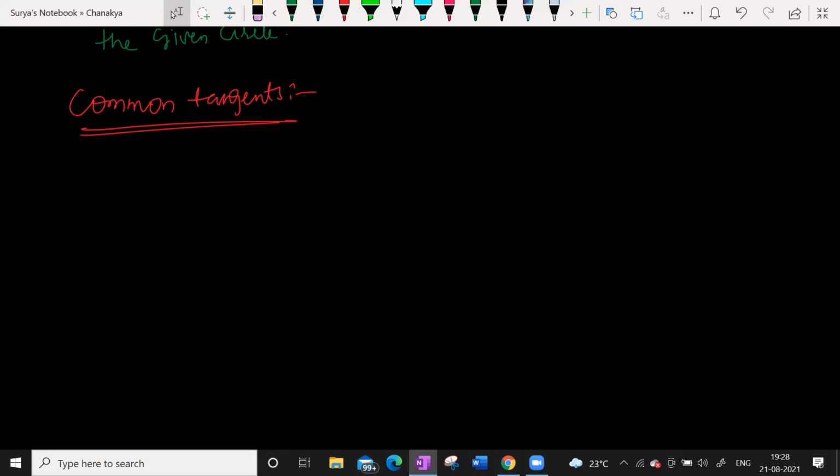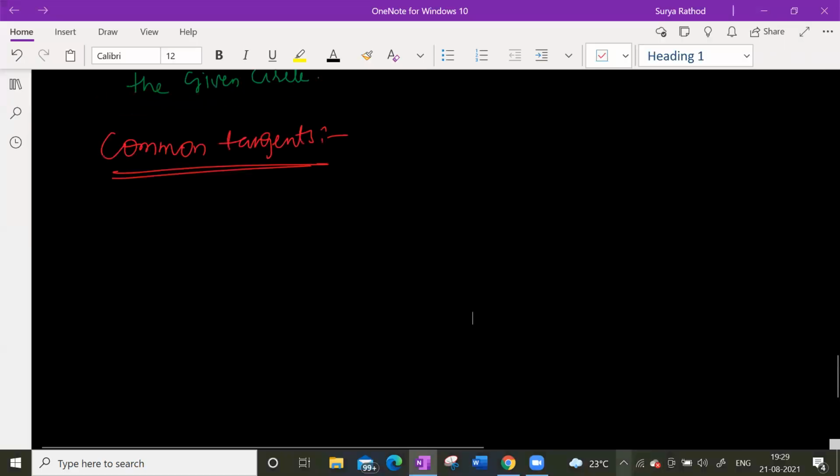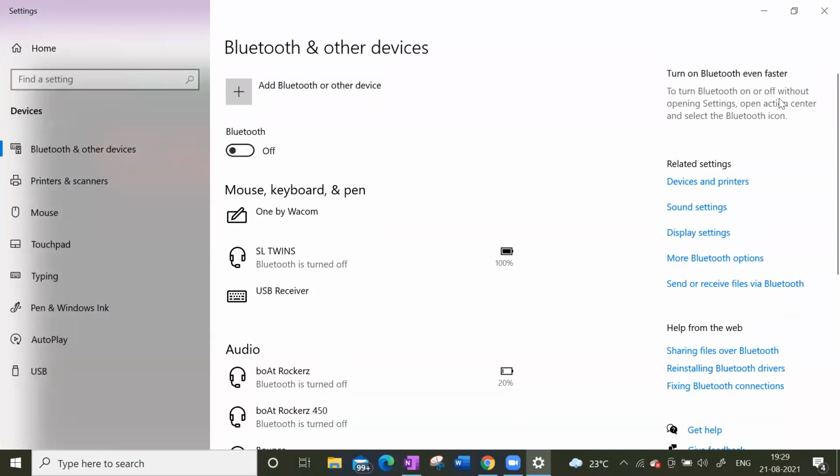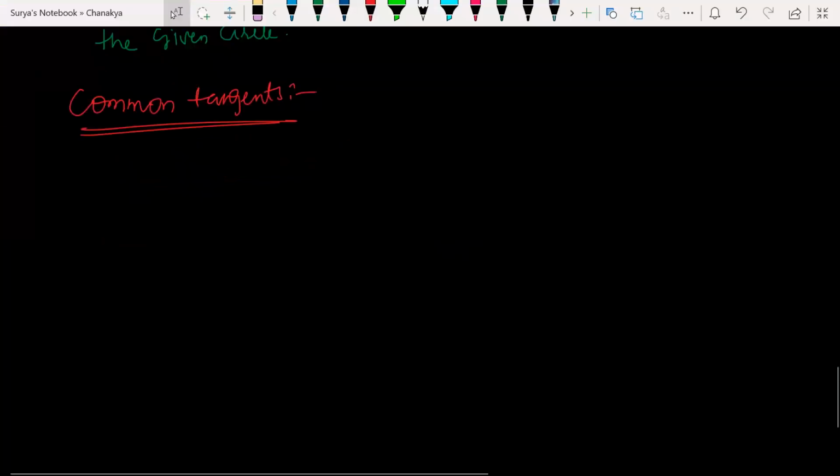Sir, two circles having the same tangent. Two circles have a same tangent. Okay.